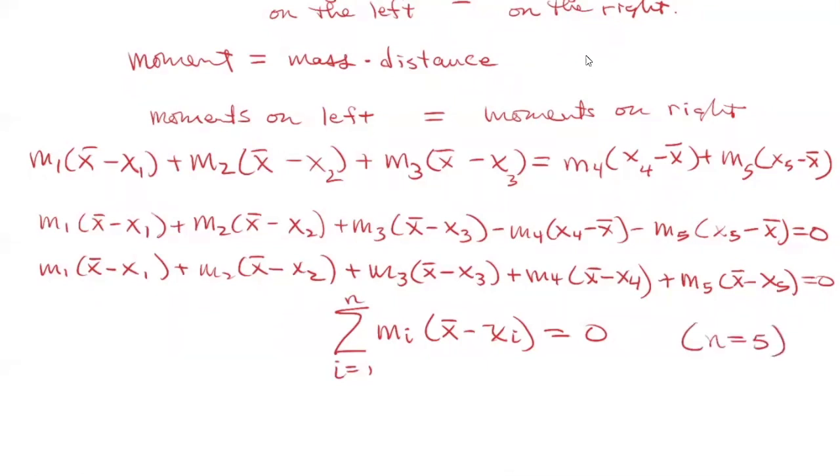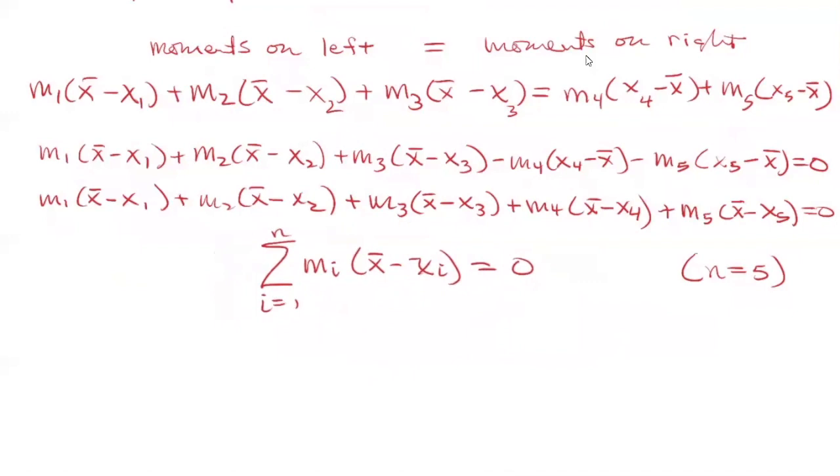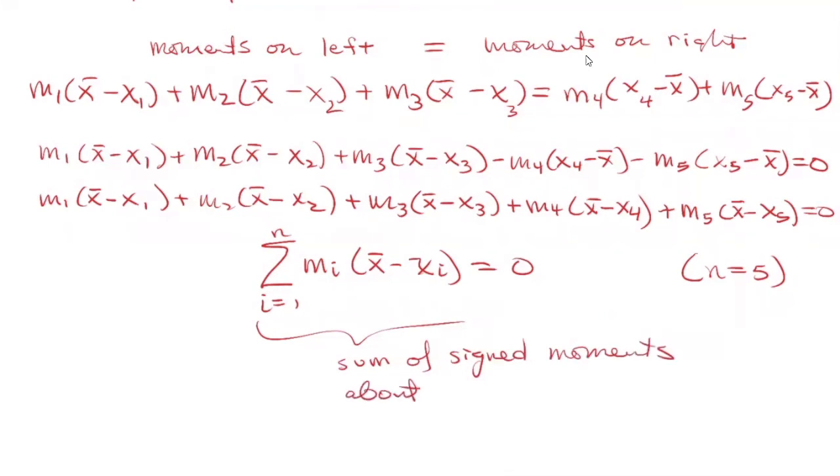So the sum of the signed moments about the center of mass, because you're measuring distances to the center of mass, that sum always has to be 0.